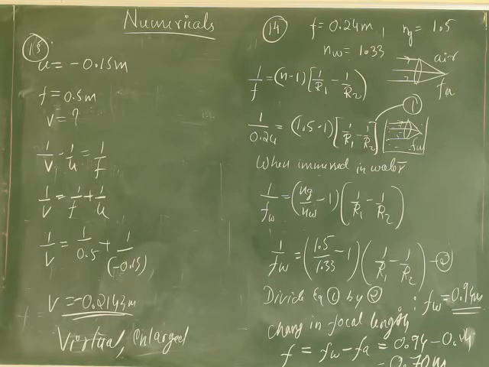That means object is placed in between optic center and principal focus. So that is the solution. We just used what? We have used the lens formula, like mirror formula also there, no? Like that. So we got virtual, enlarged, erect image also you can write, no problem. Okay, yes.